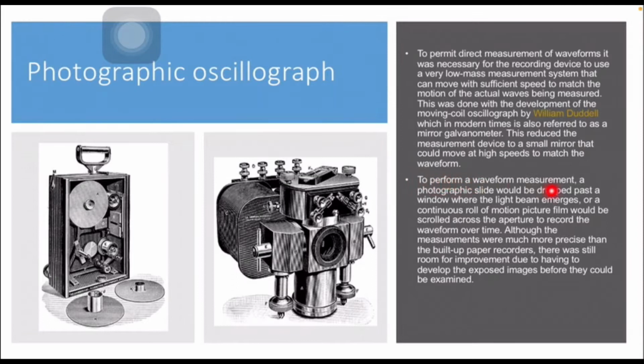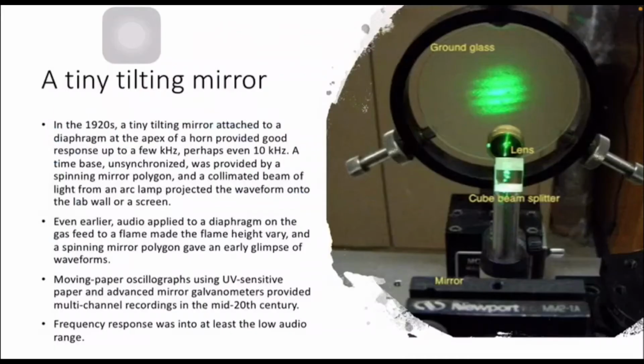To perform a waveform measurement, a photographic slide would be dropped past a window where the light beam emerged, or a continuous roll of motion picture film would be scrolled across the aperture to record the waveform over time. Although the measurements were much more precise than the built-up paper recorders, there was still room for improvement due to having to develop the exposed image before it could be examined.